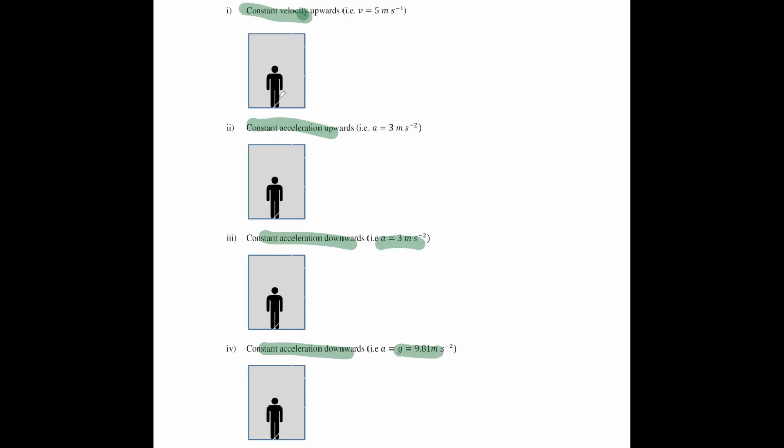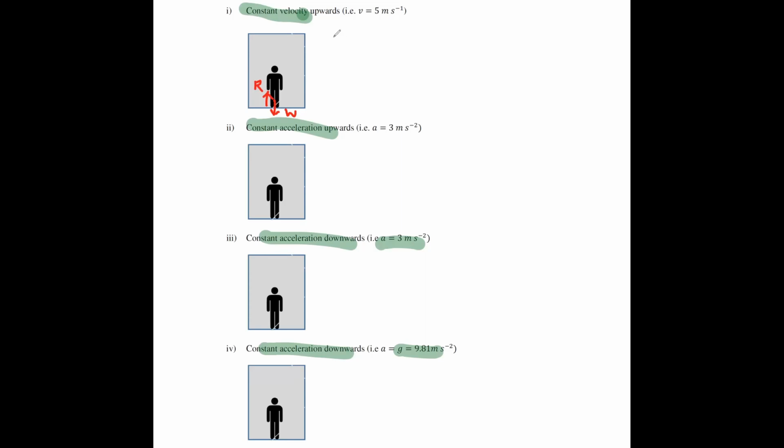As I mentioned just now, your apparent weight is actually your normal reaction force. So in the first example, your weight is acting down onto the elevator floor. In return, the elevator floor exerts a normal reaction force back up to you.